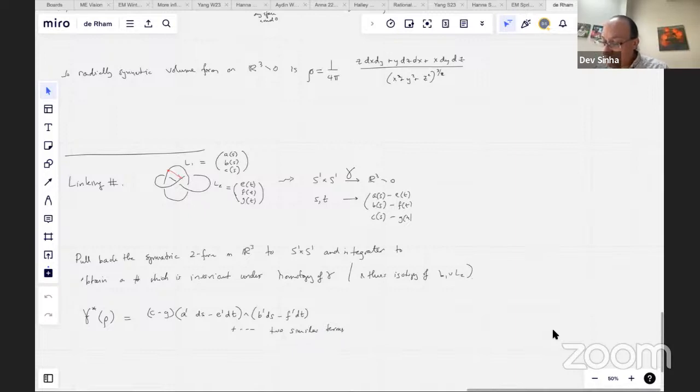And then all of that is going to be multiplied by 1 over c minus g squared plus, well, a minus e first, I guess, and b minus f squared, c minus g squared to the 3 halves.